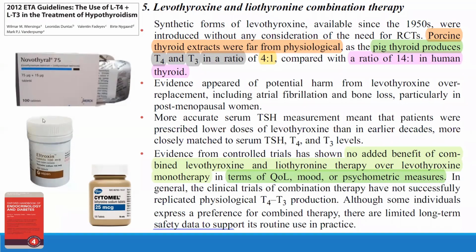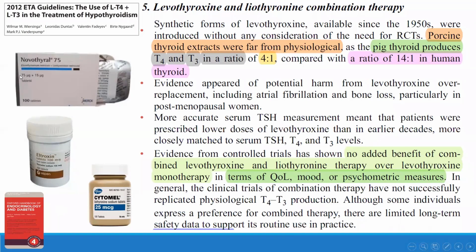Levothyroxine is available as L-Thyroxin or Euthyrox. Liothyronine is available, the original being Cytomel, in different concentrations: 5 microgram, 25 microgram, and 50 microgram. And thyroxine is available under different trade names. Also, both drugs, levothyroxine and liothyronine, are already available in one tablet in different concentrations. For example, this one by Merck, Novothyral, is presented in 75 concentration.